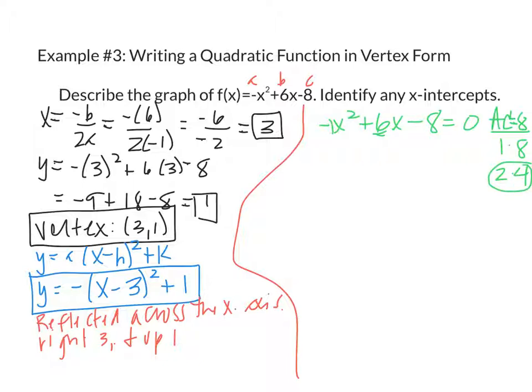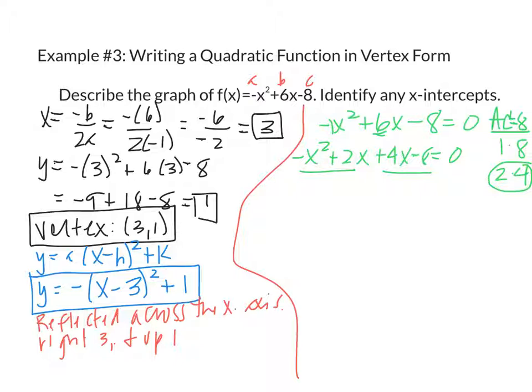So then I'll begin to rewrite. We'll keep going. So this will give us negative x squared plus 2x plus 4x minus 8 equals 0. Okay, I grouped the first two and the last two.